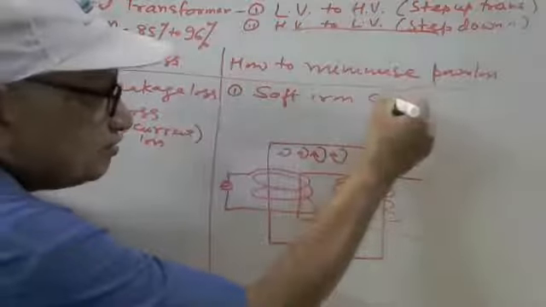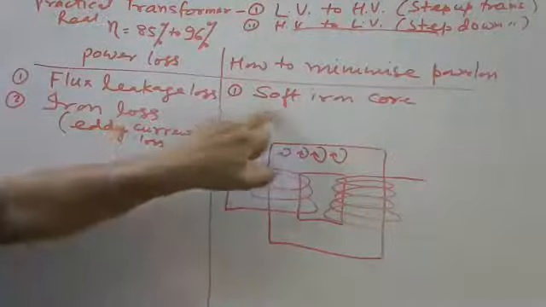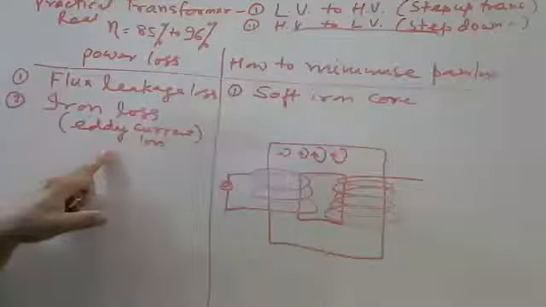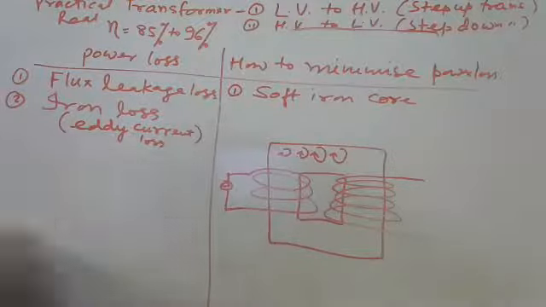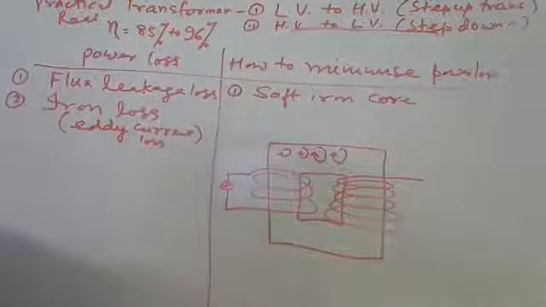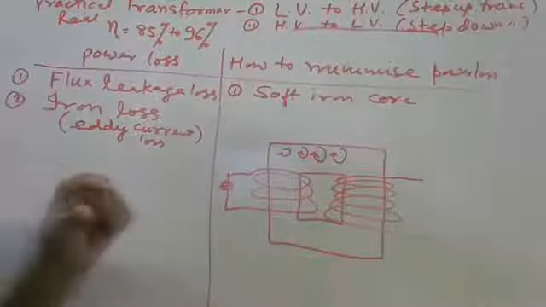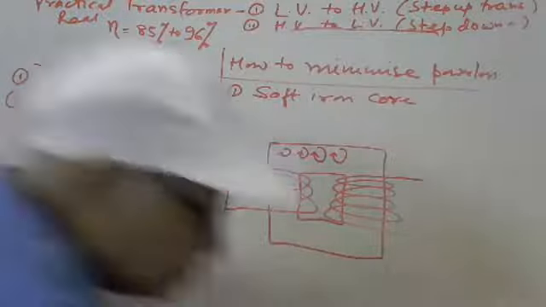There's no choice here. If this new type of loss, eddy current loss, comes into the picture, we should find a solution to it. And the solution here is we are not using the solid iron core, but the laminated iron core.